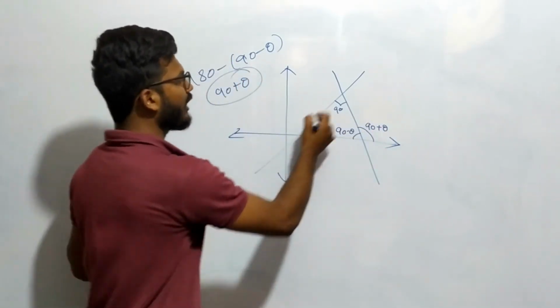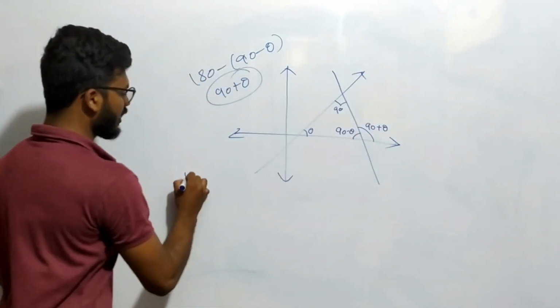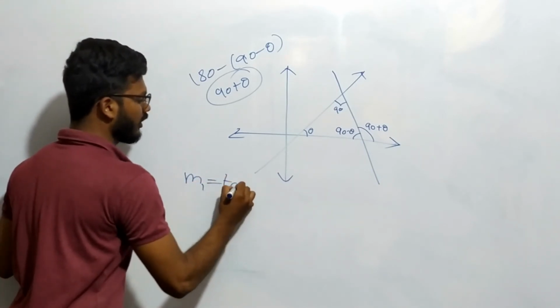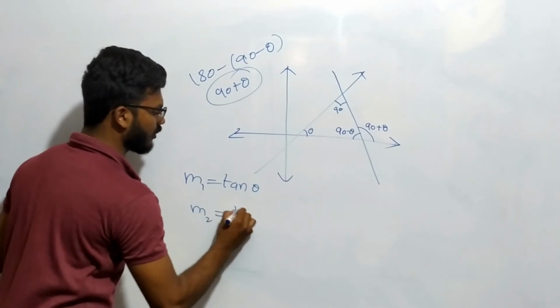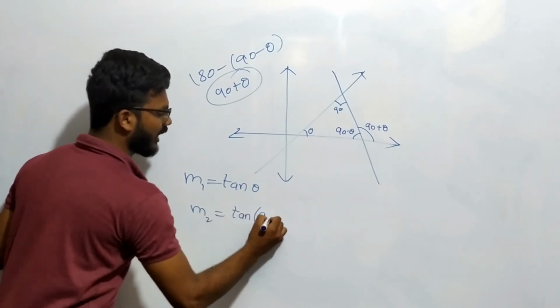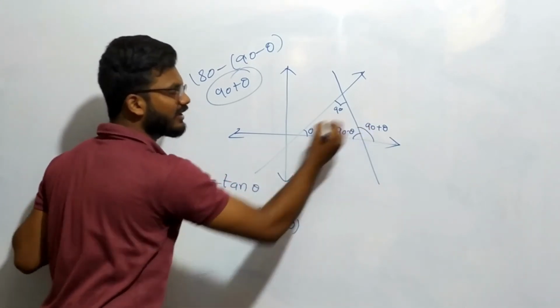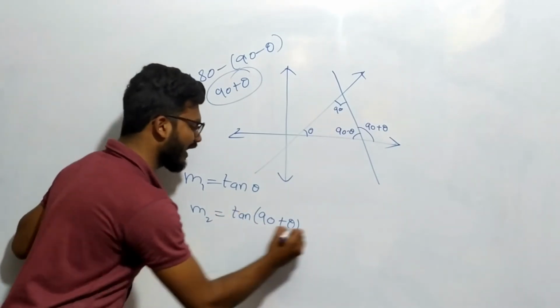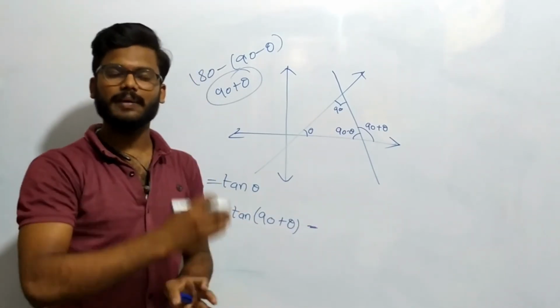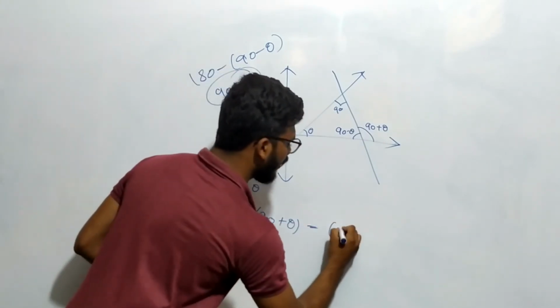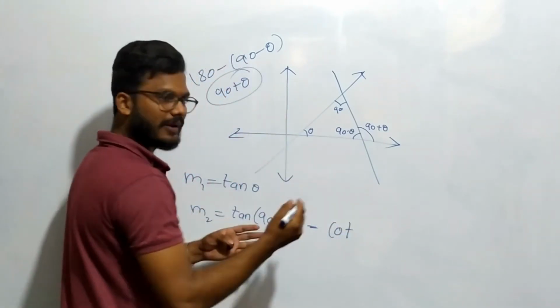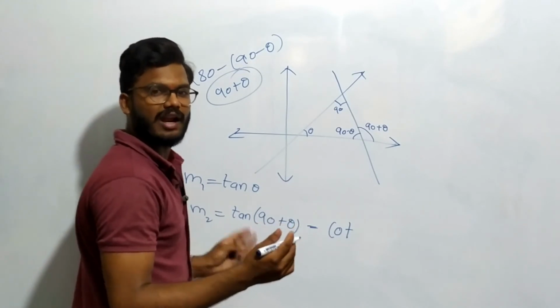Now, what is the slope of the first line? m1 is equal to tan theta. And what is the slope of the second line? m2 is equal to tan of (90 plus theta), since here the inclination is 90 plus theta. And what is tan (90 plus theta)? 90 plus theta is in the second quadrant, so tan becomes cot, and in the second quadrant the tan value is negative.